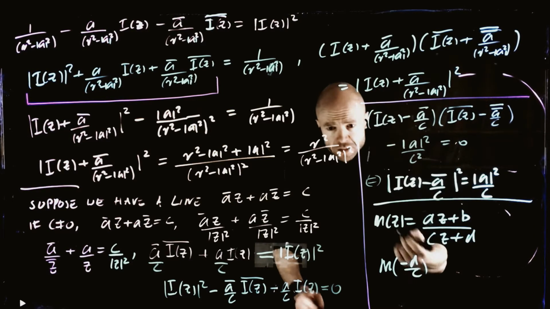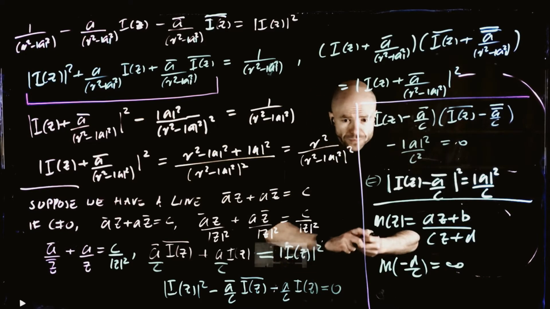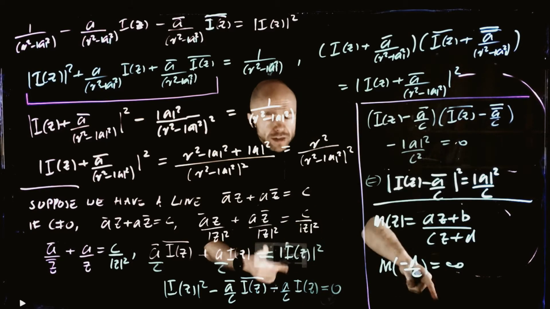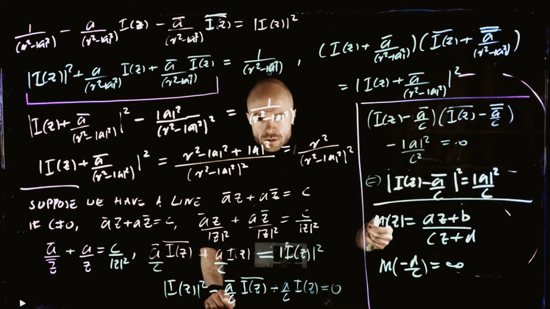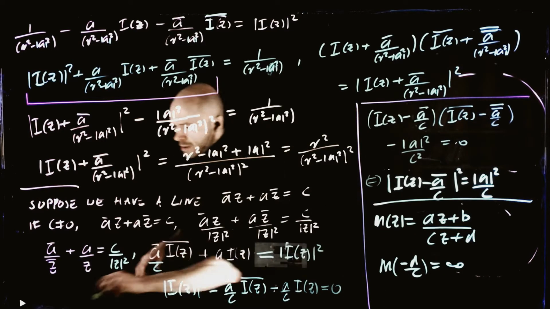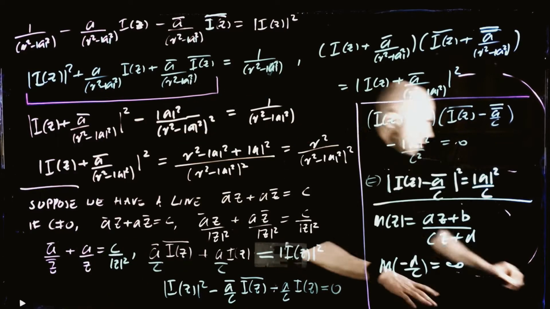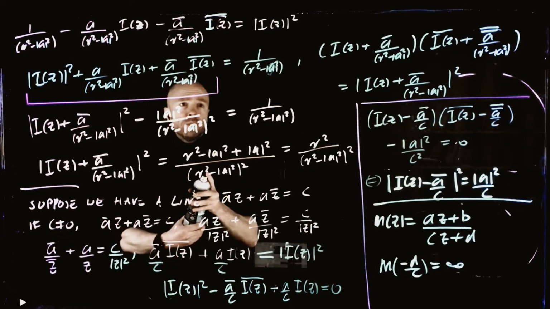So minus d over c is R0. So if we have a line or circle that goes through minus d over c, then it's a line, otherwise it's a circle. Yeah? Cool. So that is one of the initial remarkable properties of Mobius transforms.